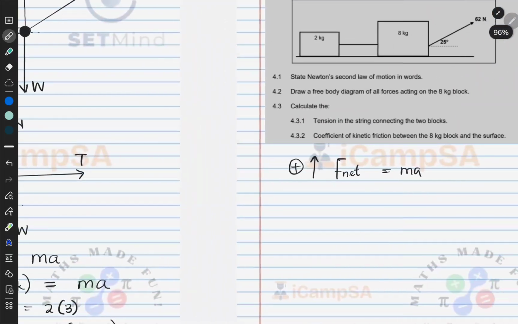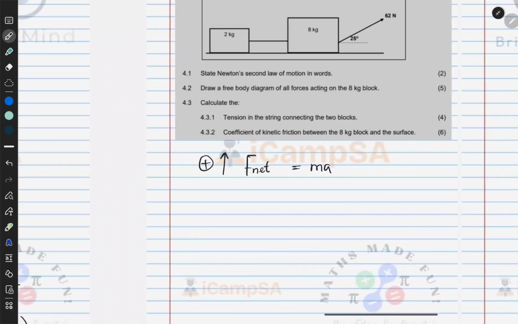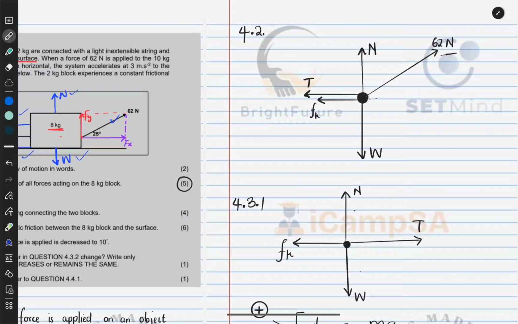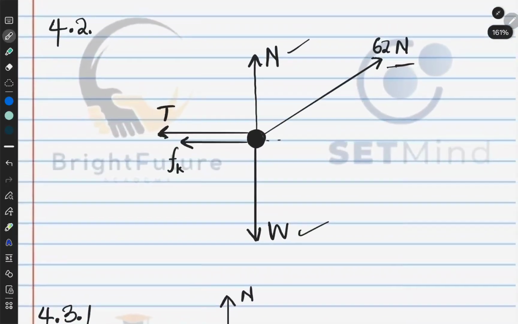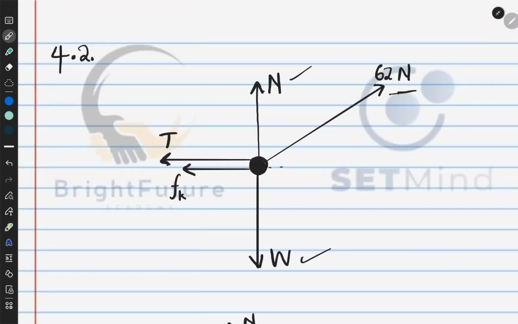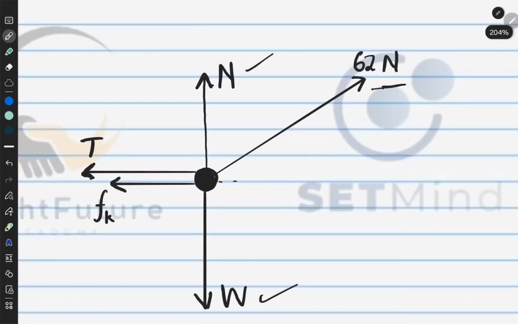If you remember our free body diagram for the 8 kilogram block, N is up, weight is down. But remember, we had components for this force, so we have to include them here, right? The reason for this is we cannot add the 62 newton vector as it is when we try to sum forces along the x or y.